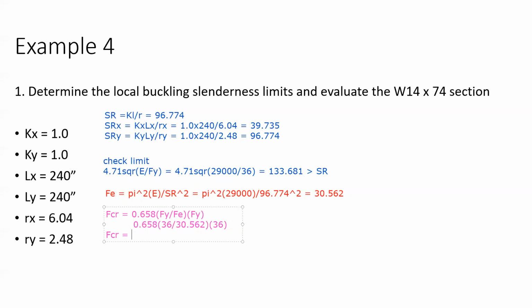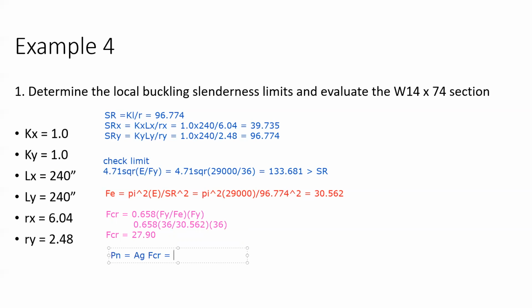Bali po, 27.90 po. 27.90. And once we get FCR, makukuha na agad natin yung nominal. So after nyan, we have PN next. PN is AG times FCR.